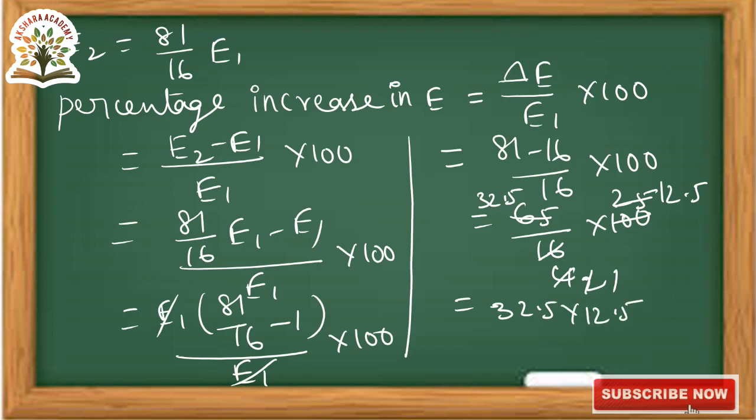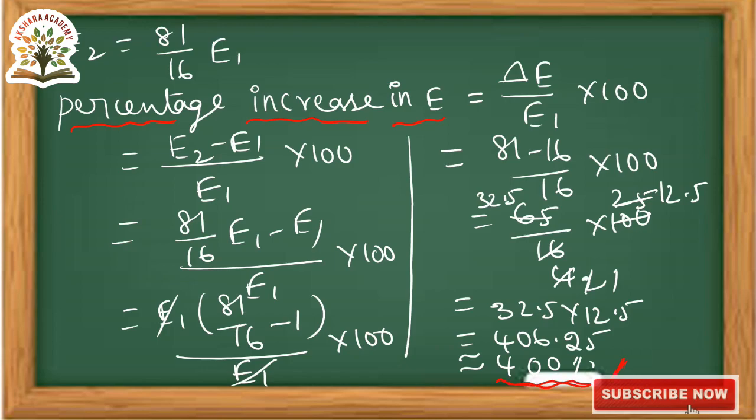Approximately, writing this complete multiplication, we get 406.5. We write this approximately as 400 percent. So the percentage increase in E is equal to 400.